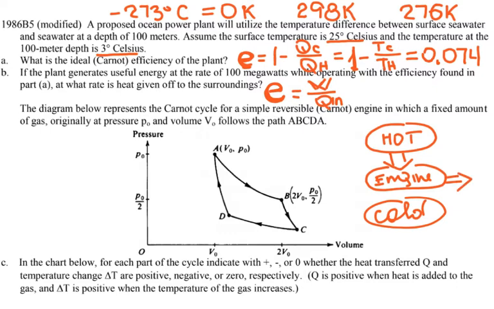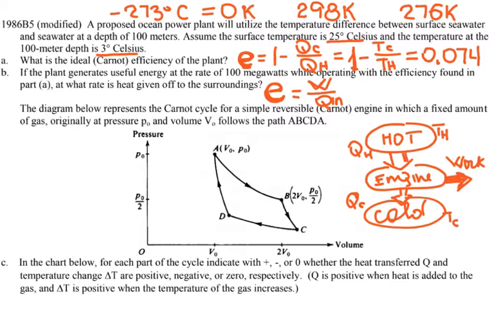Some is going to be for work, and the rest is going to be spilled into the cold reservoir. So this is Q hot, how much comes from the hot reservoir. This is Q cold, how much goes into the cold. This is operating at temperature T hot. This one operates at the temperature T cold, and this is how much work is done.